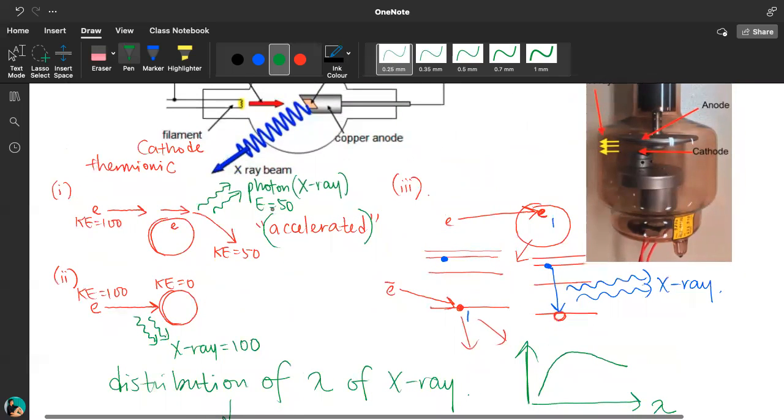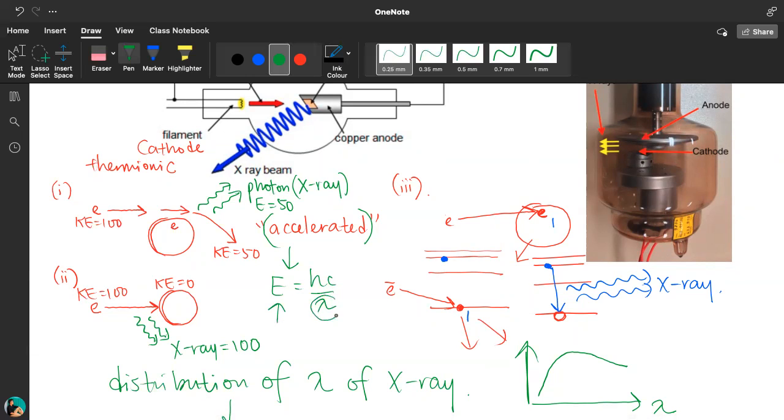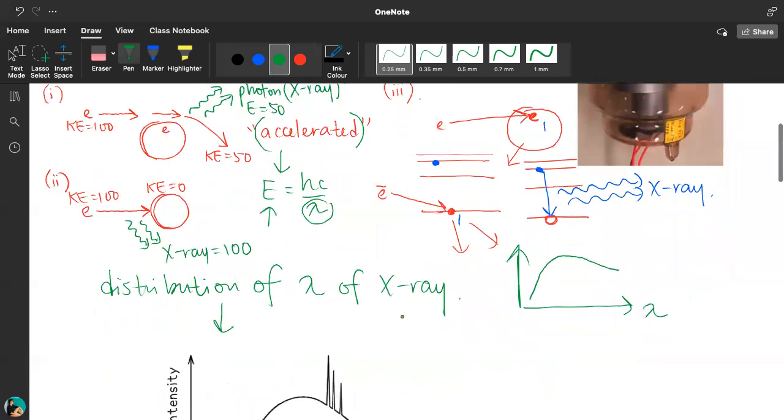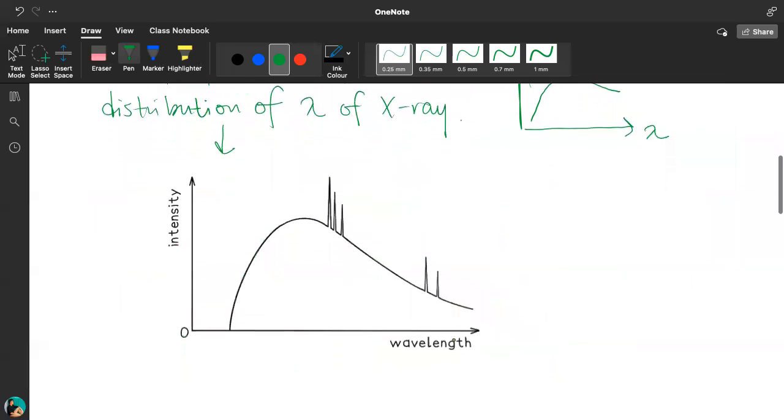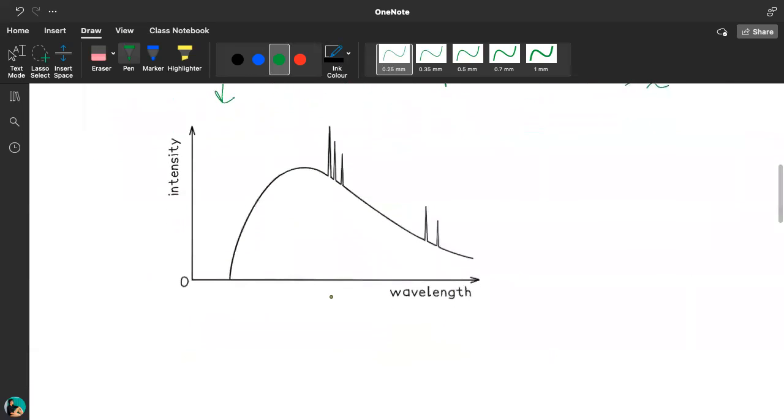Then they produce different energy of photon, and hence different energy of photon give different wavelength. This is like from your formula E equal hc over lambda. So different energy of photon, you have different wavelength. That is where you get a continuous distribution of the wavelength of X-ray.